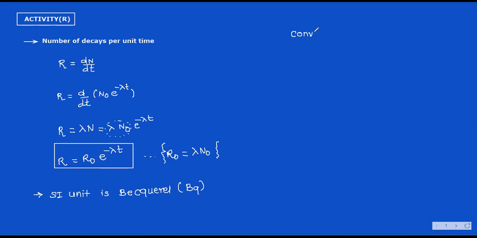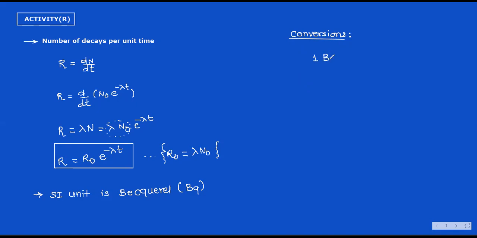We will see conversions also, because sometimes we use other units instead of becquerel, that is Rutherford and Curie. So let's see the conversion also.